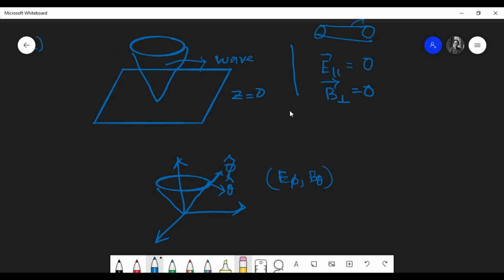So if you have a non-zero E phi part, this condition here is not satisfied. So this type of solution is not possible in this scenario. So the only possible solution is this, and all the solutions that you can find for transverse electromagnetic waves will be of this type. So this was the solution of the problem.